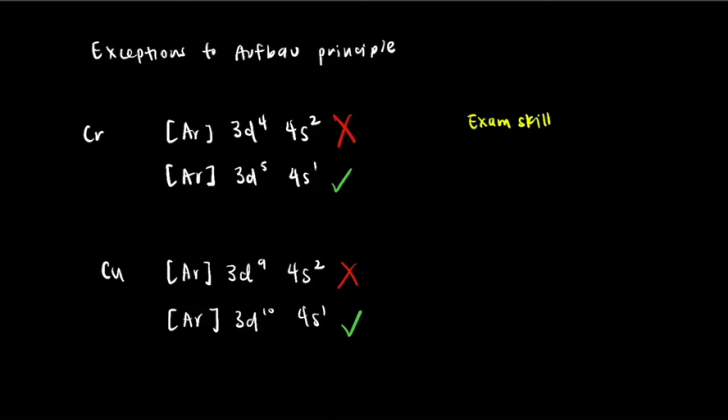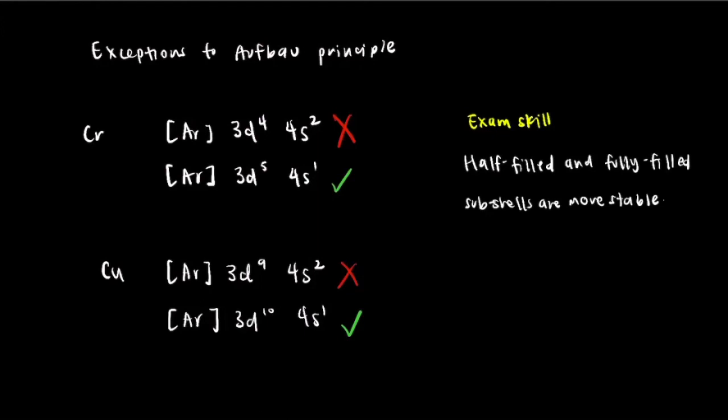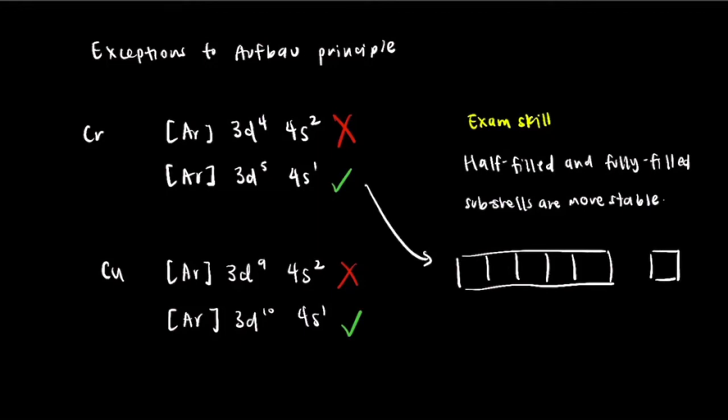The reason why chromium and copper violate the Aufbau principle is that half-filled and fully filled subshells are more stable. So the 3d5 4s1 electronic configuration is more stable than 3d4 4s2. If you draw the arrow in box diagram, considering 3d4 4s2, we can move one electron over into the 3d orbital, and we have a half-filled 3d orbital here, which is more symmetrical and more stable.